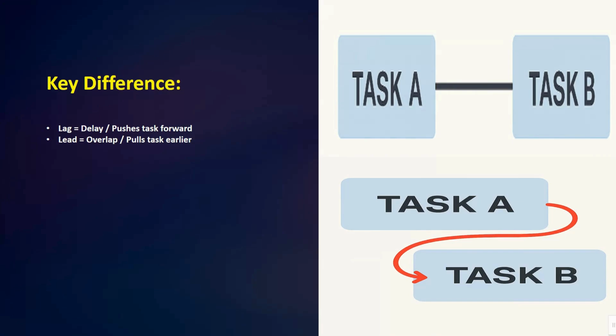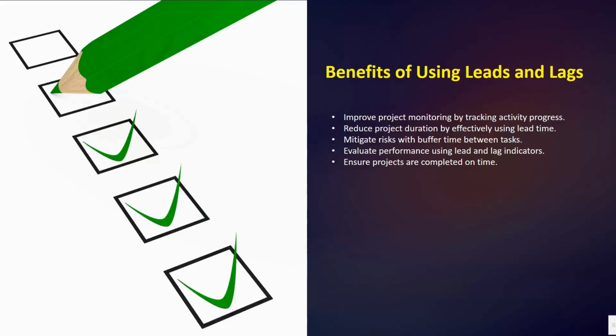In contrast, lead creates an overlap, allowing a task to start earlier than its predecessor finishes, which pulls the activities forward and shortens the overall project schedule. Simply put, lag slows the sequence down while lead speeds it up.